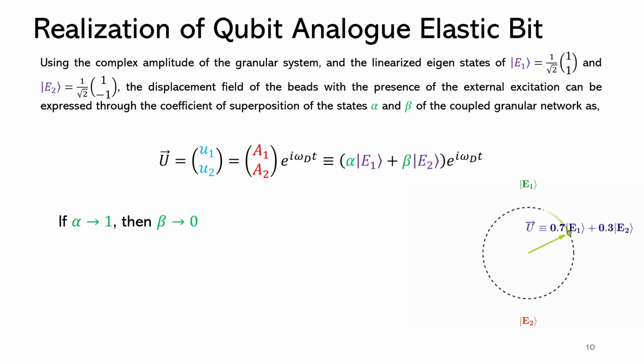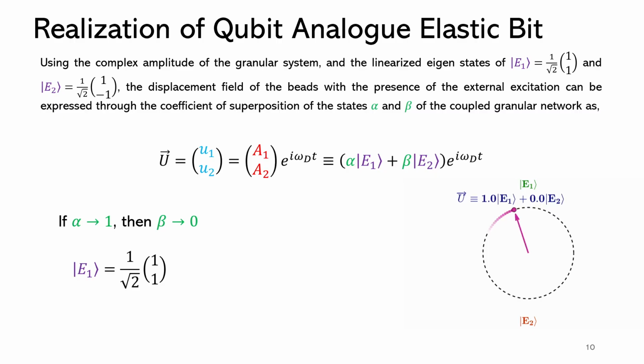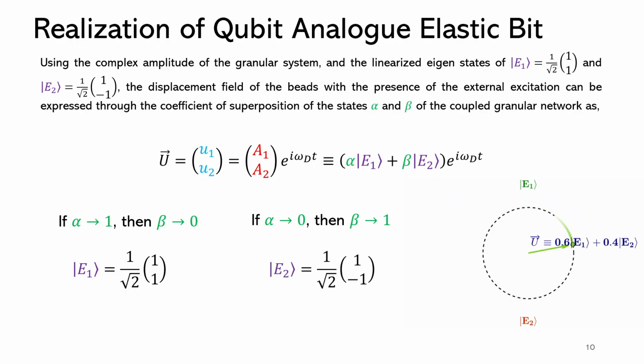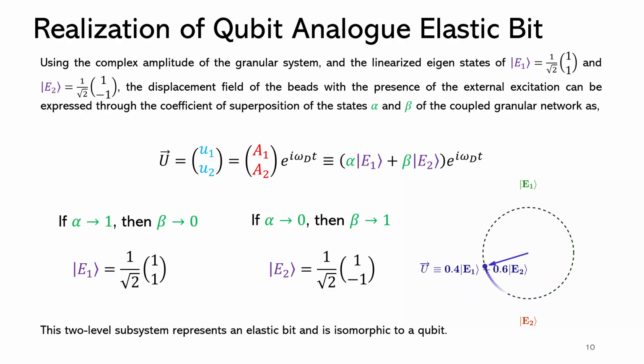That means the superposition of states at that time is a pure state, in which case alpha will be 1 and beta will be 0. This one will be e1. And when alpha is equal to 0 and beta equals 1, in the bottom position we have the e2 state. The system is vibrating in the out-of-phase motion. So this is our pure state e2, (1, -1), and this two-level system represents an elastic bit, which is quantum analogous to the qubit.